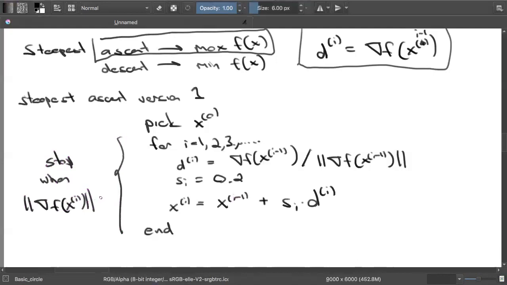Asking it to be exactly 0 is too much because there are going to be round-off errors in the computer, and also your step size is fixed, so you don't have that granularity. So usually you ask that it be less than some epsilon. This for loop typically is a while loop where you check the gradient, and if it's less than some epsilon, then you stop. And you usually cap it at like 20,000 iterations or whatever. Any questions?